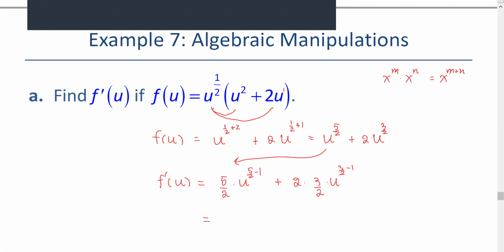Next, we simplify the powers. We have 5 over 2 times u to the power 3 over 2. 2 and 2 reduced for the second term gives us 3 times u to the power 1/2 as a derivative of the function f with respect to u.